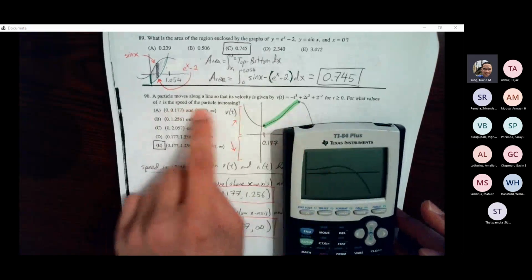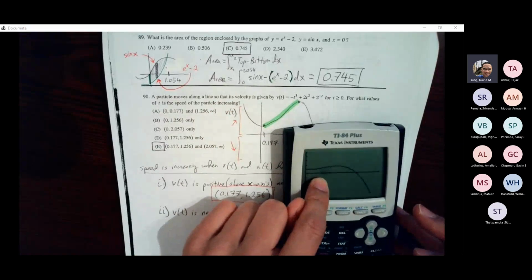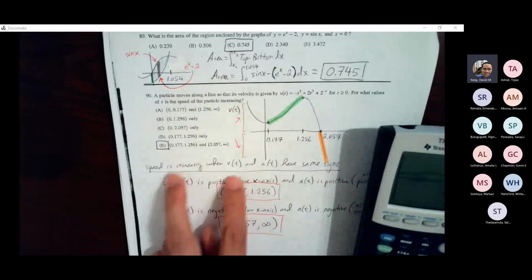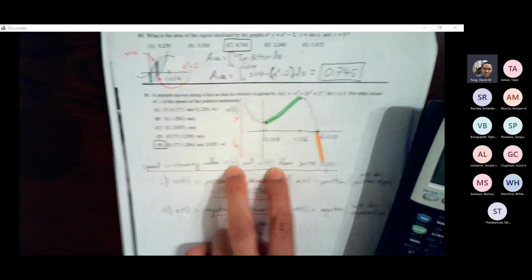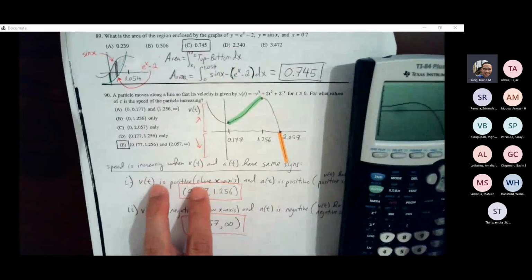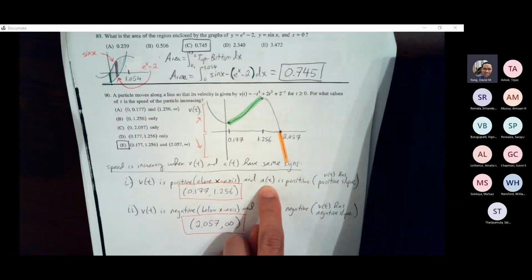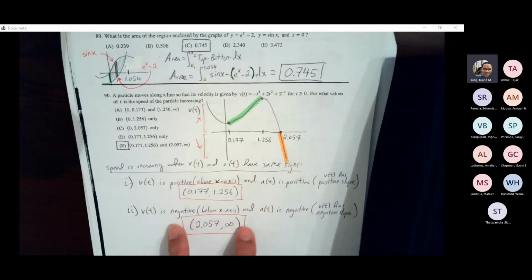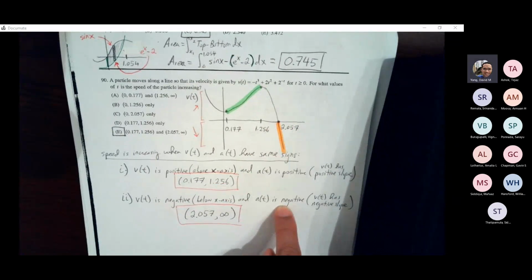Okay, so for what value is the speed of the particle increasing? So this is the velocity graph. The speed of the particle is increasing whenever the velocity and acceleration have the same signs. So velocity and acceleration have the same signs, meaning that either velocity is positive, above the x-axis, and acceleration is positive, which means there's a positive slope, or velocity is negative and acceleration is negative.